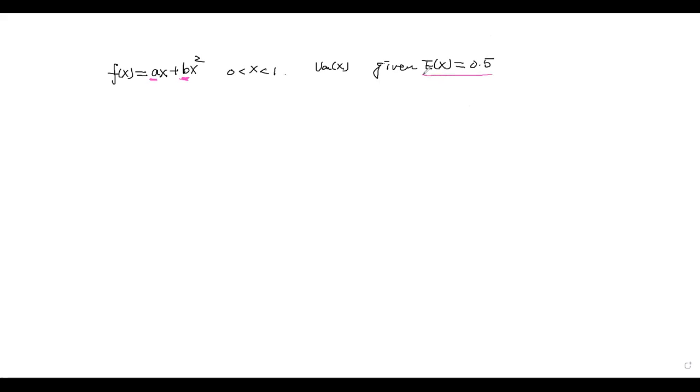We have the given condition that the expected value equals 0.5. In order to find a and b, we need two equations to solve for two variables. The expected value will give us one equation. What is the other equation we're going to use to solve for a and b?